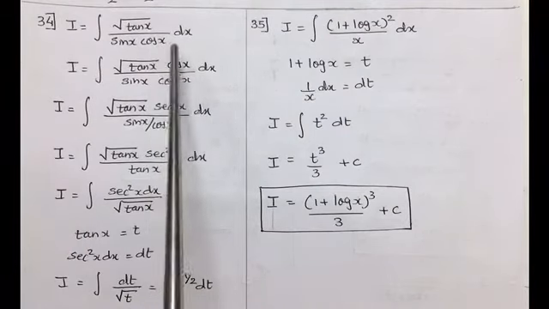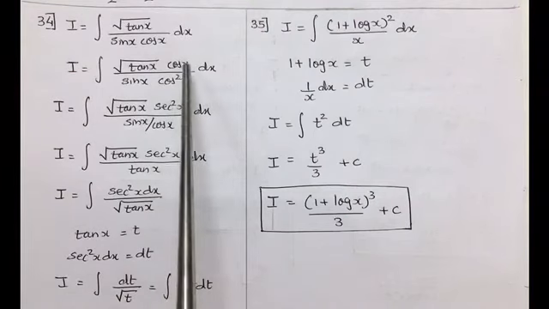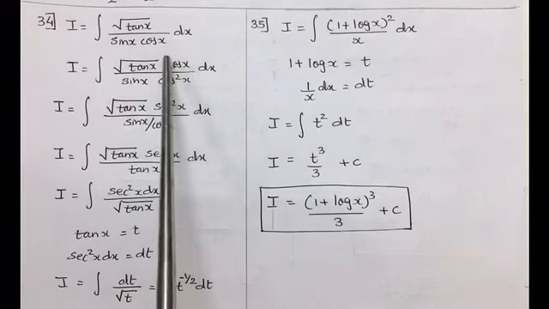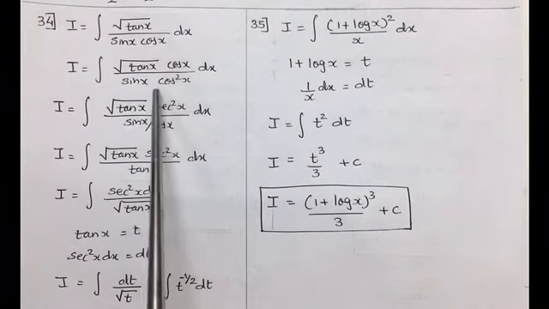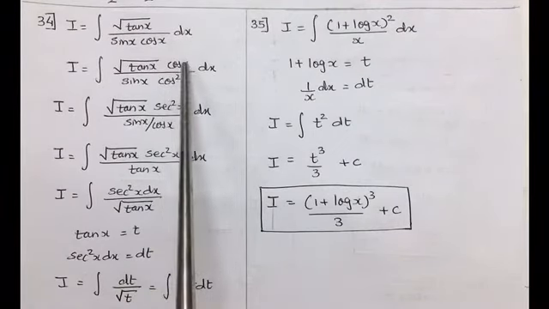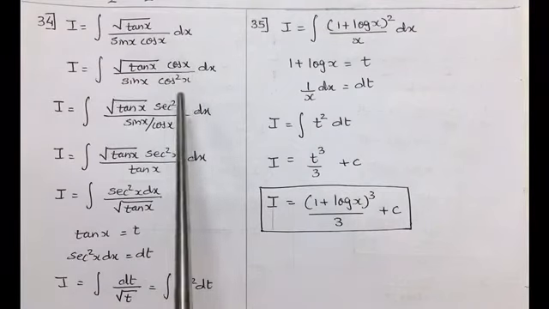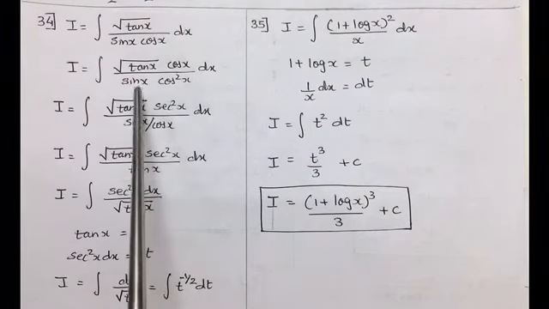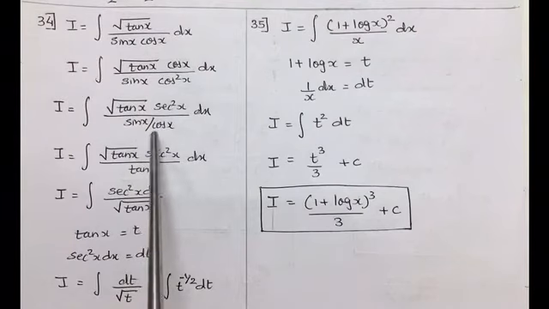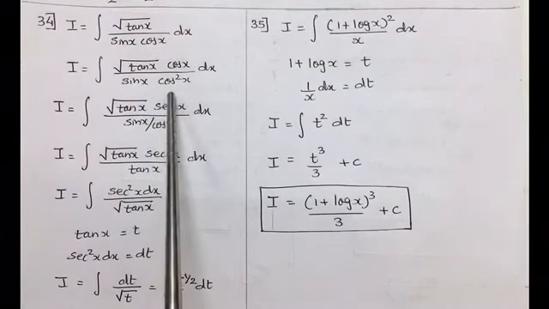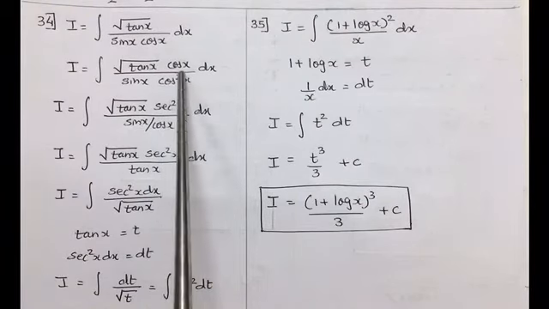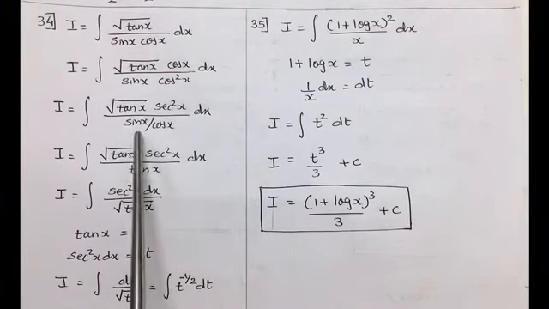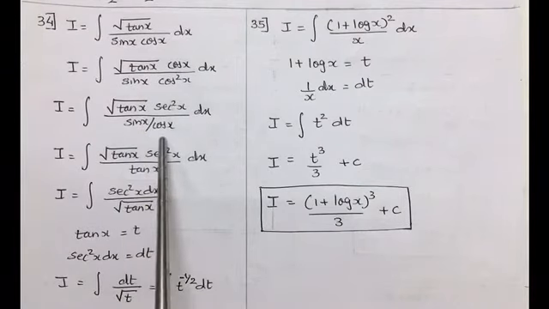So cos into cos will make it cos square x and 1 upon cos square x will be sec square x. So these are the adjustments to be done. Multiplying cos up and cos down, sin x is as it is. 1 upon cos square x is taken up as sec square x. Whatever 1 cos x is remaining up is being divided by sin x, so sin x upon cos x.